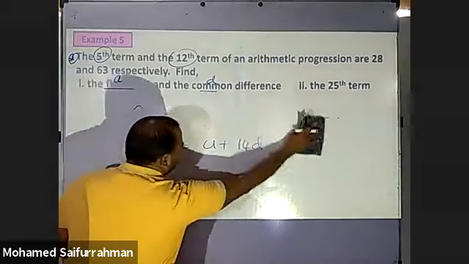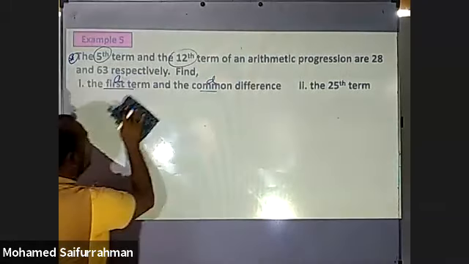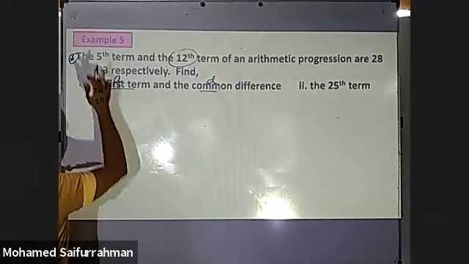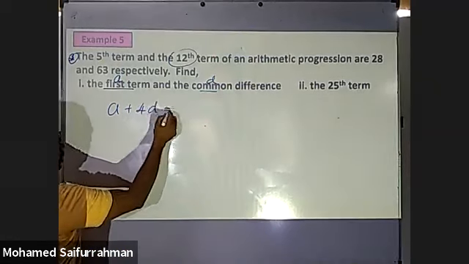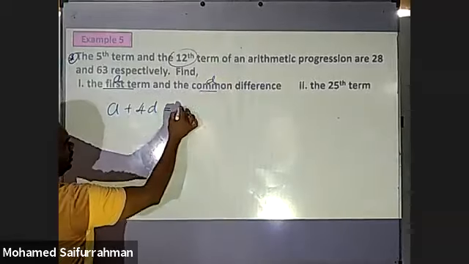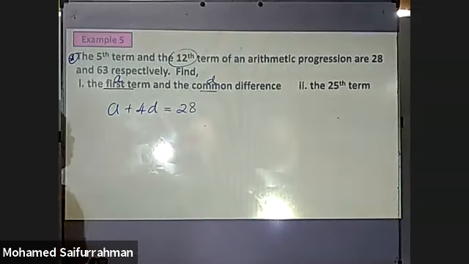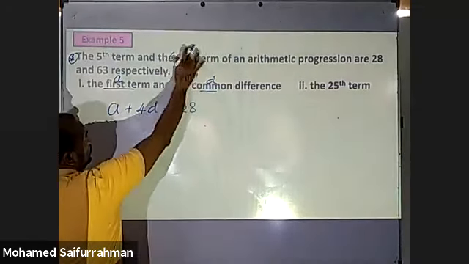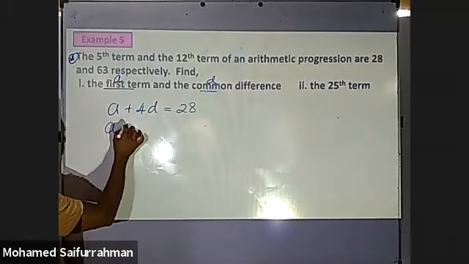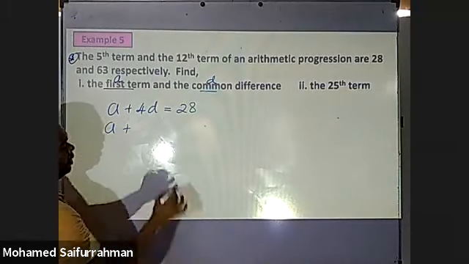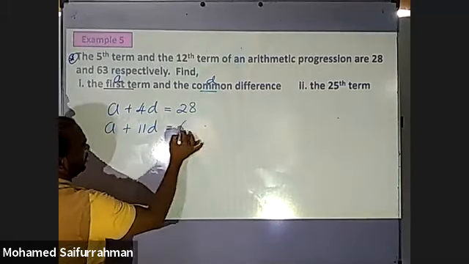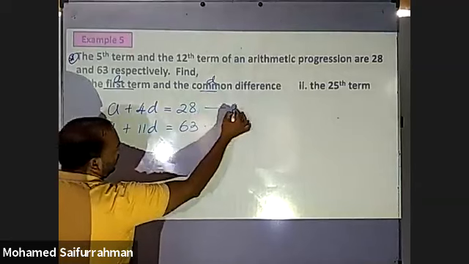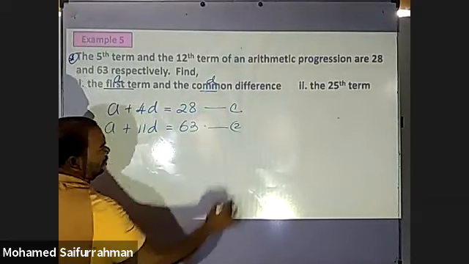Likewise, fifth term means a + 4d. Fifth term is 28. 12th term a + 11d = 63. Equation number 1, equation number 2.